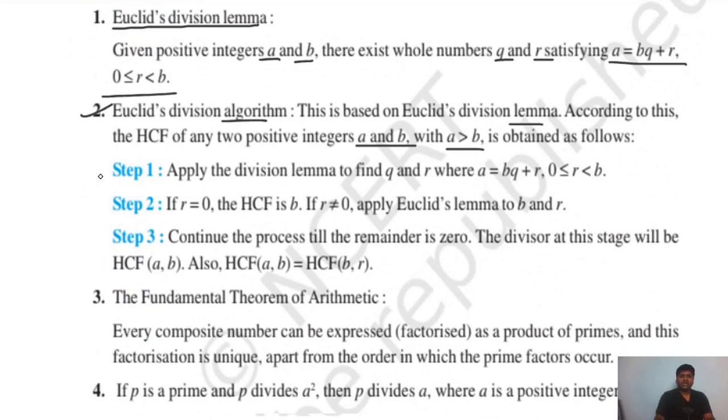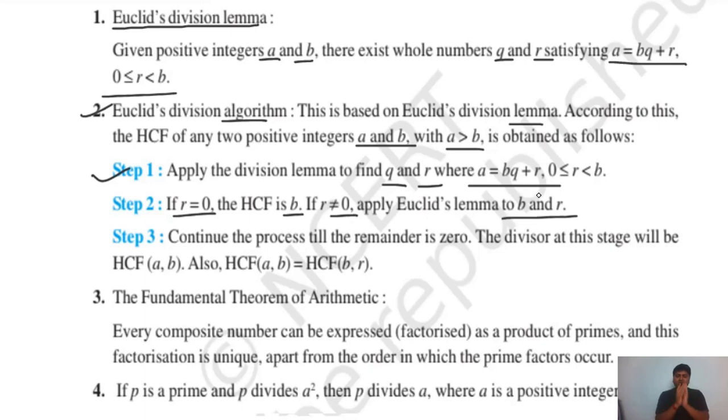First, apply the division lemma to find q and r such that a equals bq plus r, where r is greater than or equal to 0 and less than b. If r equals 0, then the HCF is b. If r is not equal to 0, apply Euclid's division lemma to b and r.